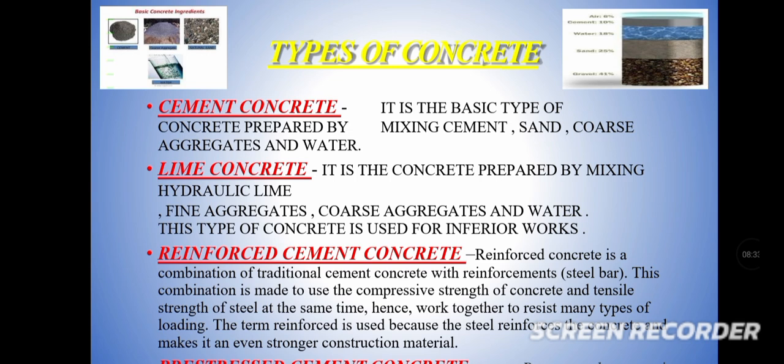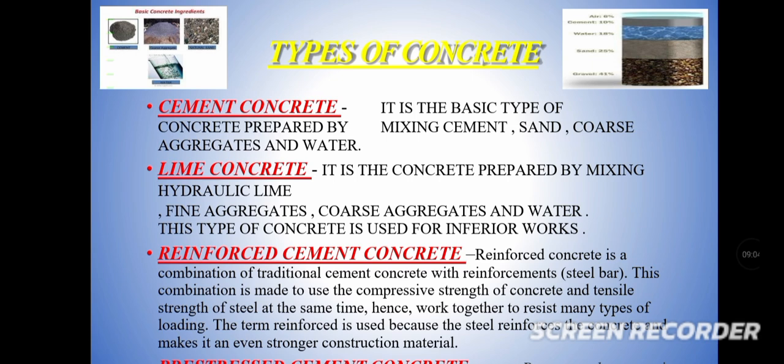That's why steel bar is essential. Okay. This combination is made to use the compressive strength of concrete and tensile strength of steel at the same time. Hence, the compressive strength and the tensile strength work together to resist many types of loadings. The term reinforced is used because the steel reinforces the concrete and makes it a stronger construction material.